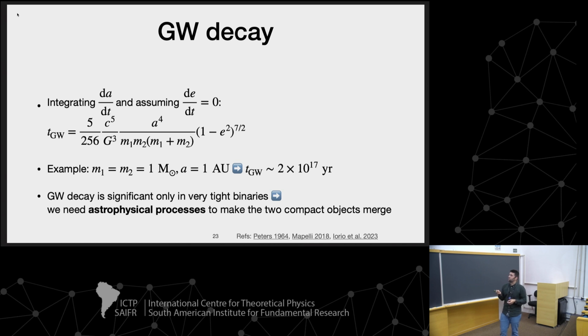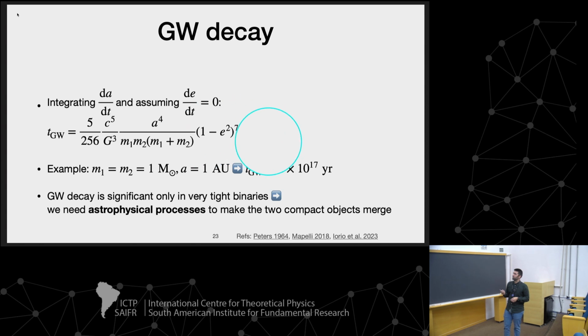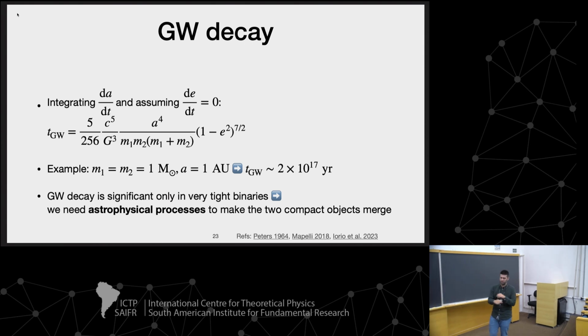If you crunch these numbers, taking a neutron star of one solar mass separated at one astronomical unit, which is the distance between Earth and Sun, so quite close, you get a merger time of 10 to the 17 years. So these two neutron stars separated by the distance of Earth and Sun are not going to merge due to gravitational wave radiation.